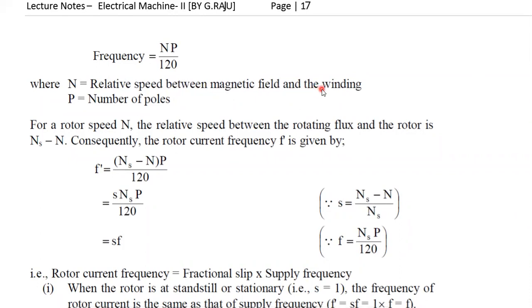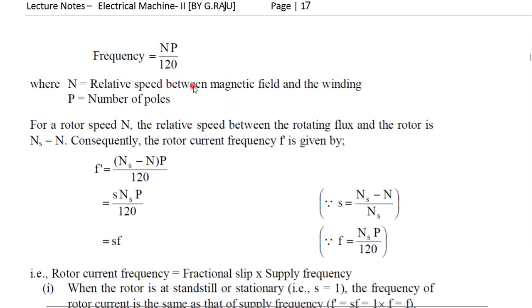Here the winding means the stator winding. The stator winding is stationary, and the magnetic field is rotating. What is the relative speed between the stator winding and the stator rotating magnetic field? It is called N, the synchronous speed.